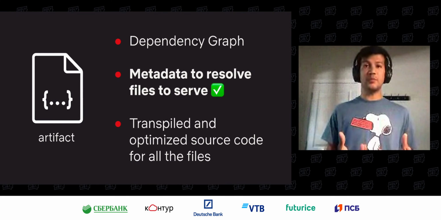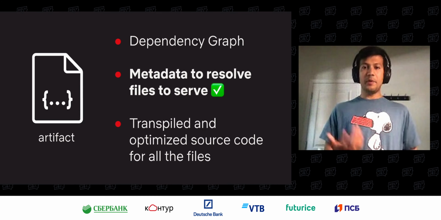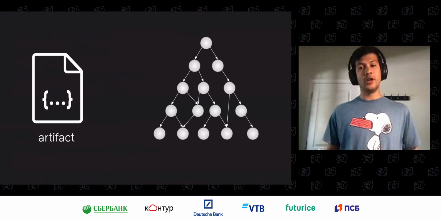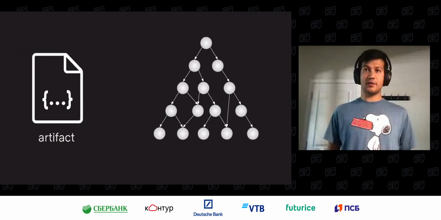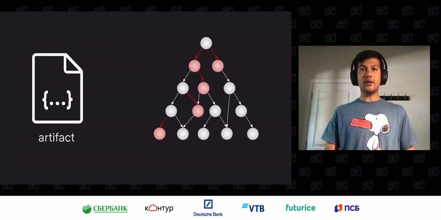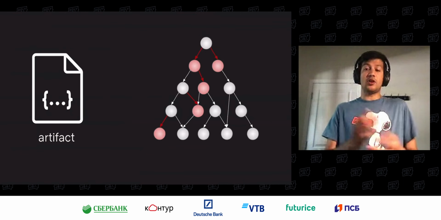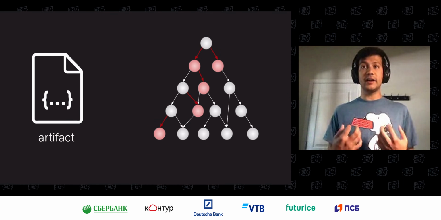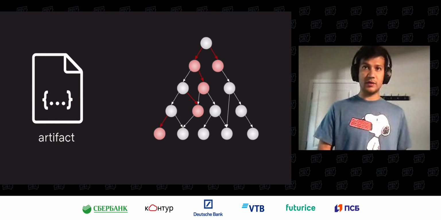So now we have that part of it, but we still have a lot more to do. In our artifact, we said we need a dependency graph, right? And what we also want is, it's not just a dependency graph, we needed a conditional dependency graph.